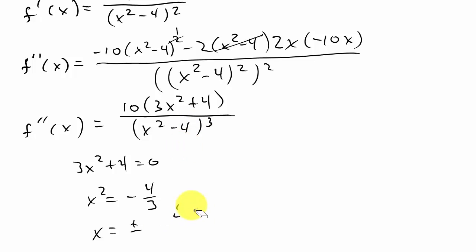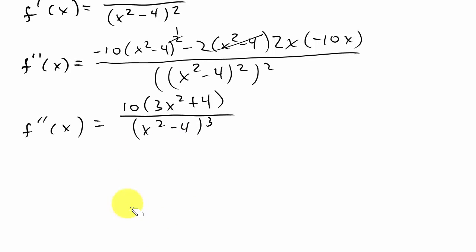But if you notice the denominator, the second derivative is undefined at plus or minus 2. Because if we take the denominator and set it equal to 0, we get x equals plus or minus 2.